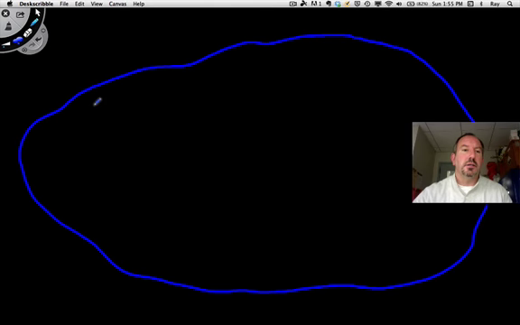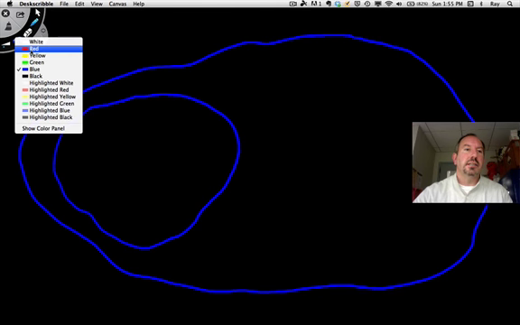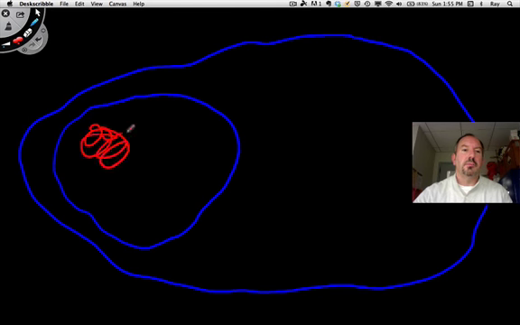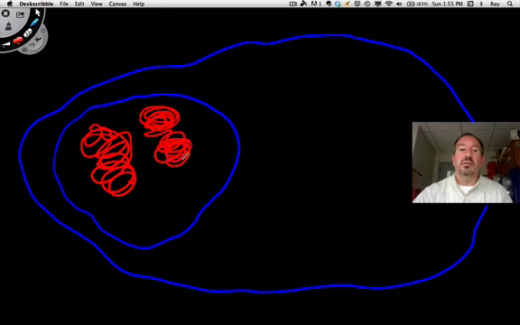Let me make the nucleus over to one side. Here's the nucleus, and the cell contains DNA, let's go red with DNA. Prior to the cell dividing into two cells, during the S phase of interphase, DNA replication or DNA synthesis occurs.